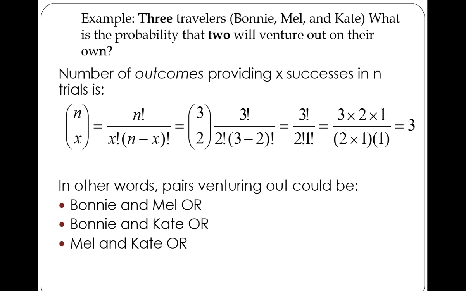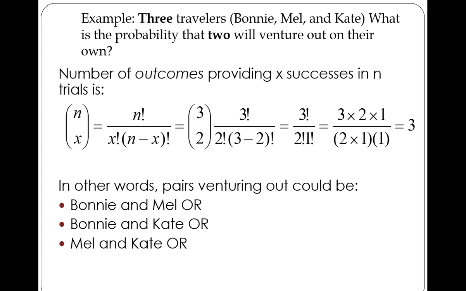Now, the first thing we do is figure out the number of outcomes that can provide x successes in n trials. We have three students here, so n is 3, right? Any one of those could go out on their own, so there are sort of 3 chances. And then we want to know the probability of 2 of them going out on their own, so that would be 2 successes out of 3.